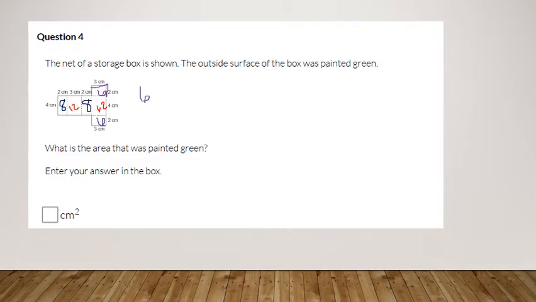So I've got 6 plus 6 plus 8 plus 8 plus 12 plus 12. When I add those up, 6 plus 6 is 12, plus 8 is 20, plus 8 is 28, plus 12 is 40, plus 12 is 52. So I've got 52 centimeters squared.